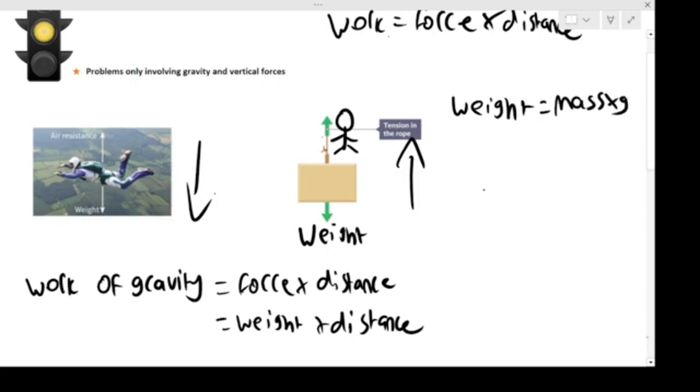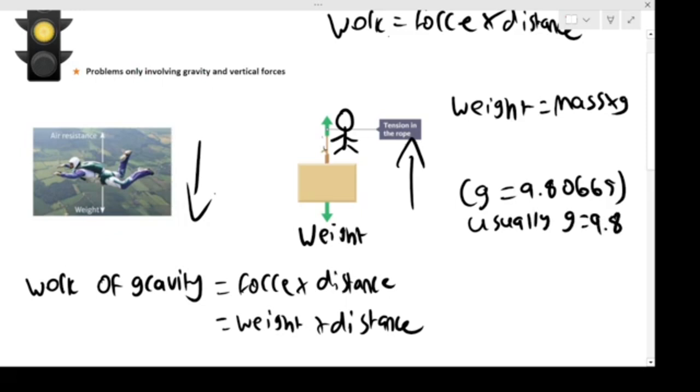G is actually 9.80665. Now we don't tend to use all the decimals, so we just say that G is just 9.8. Okay, that's the background behind G. It's a decimal, but we just say 9.8. Anyway, so weight is mass times this number G.